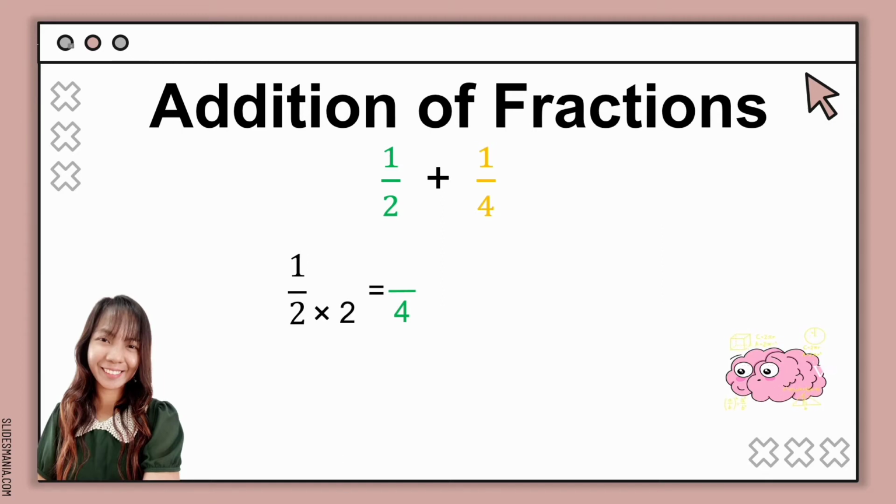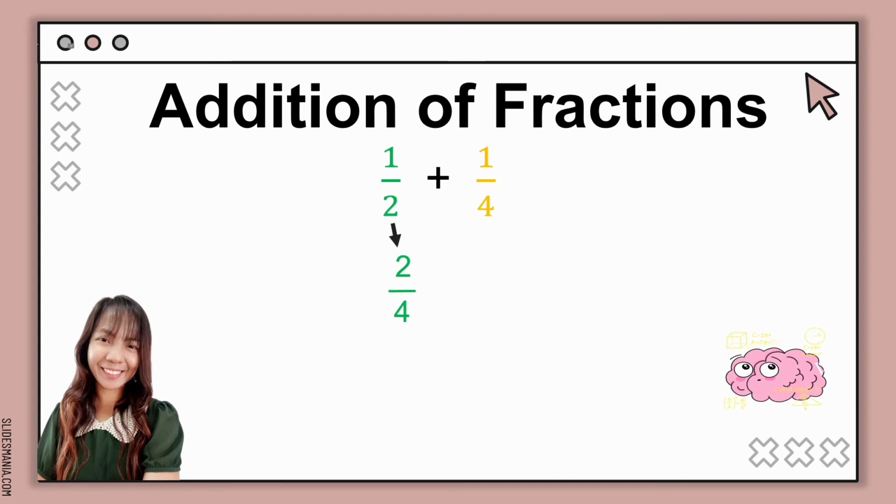Whatever number you multiply to the denominator, you have to multiply the same number to the numerator. So times 2 as well here. 1 times 2 is 2. This is now the new fraction with the new denominator. So from 1 over 2, it becomes 2 over 4.